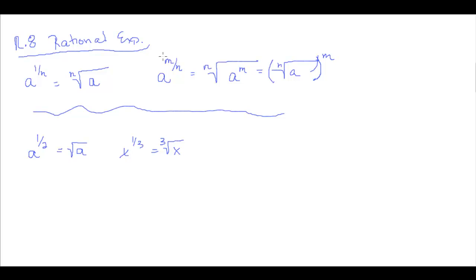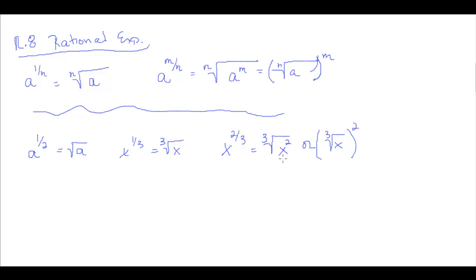Now, when I introduce a numerator to that fraction exponent, so if I had something like x to the 2/3, that means, again, the denominator tells me the root, and the numerator tells me the exponent. So this could be the cube root of x squared, or the cube root of x, squared. It doesn't matter which way you apply this.